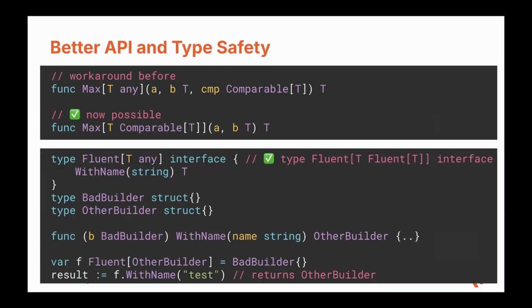But before Go 1.26, this would be correct code, and we would be able to instantiate it as a fluent other builder interface. I would assign a bad builder to it, and actually when we would use it, we would not receive the bad builder itself, but a completely different object. Now with Go 1.26, this will be a compiler error, so this will prevent us from doing these things.